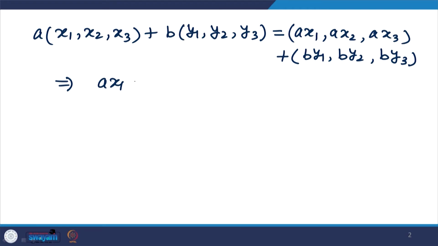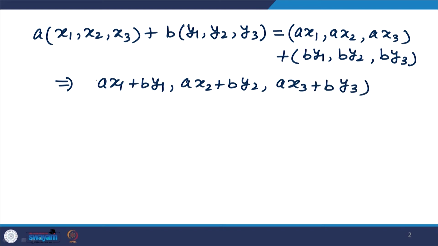It is (ax1 plus by1, ax2 plus by2, ax3 plus by3). So, for this vector to be in S, this component plus this component minus this component must be 0. So, let us see.